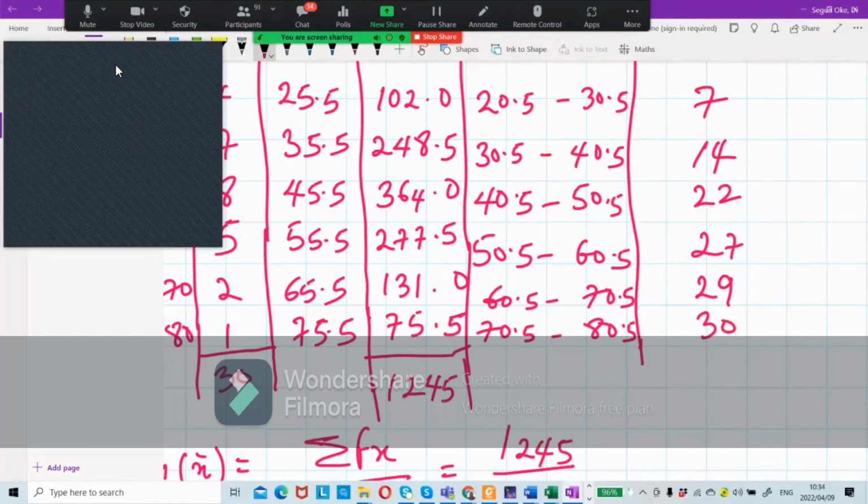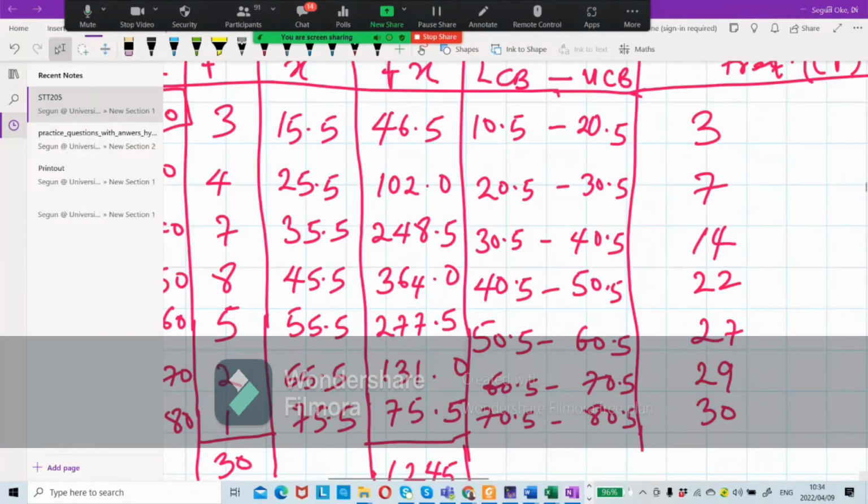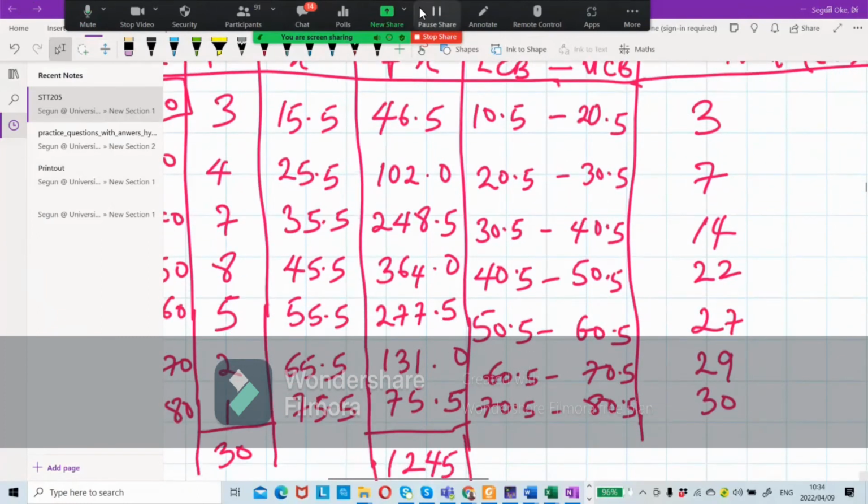Okay, now, how do we calculate our median class? If you know it, you can raise up your hand.